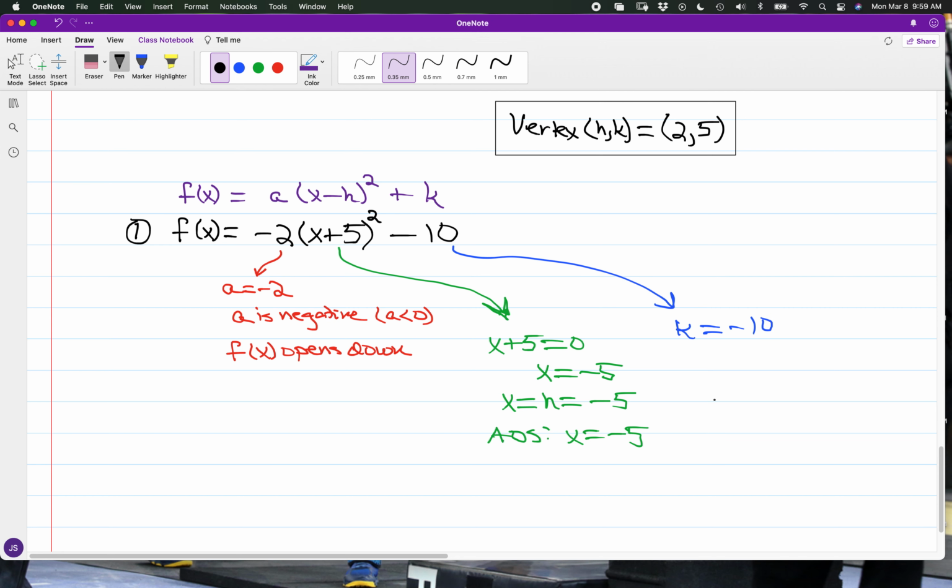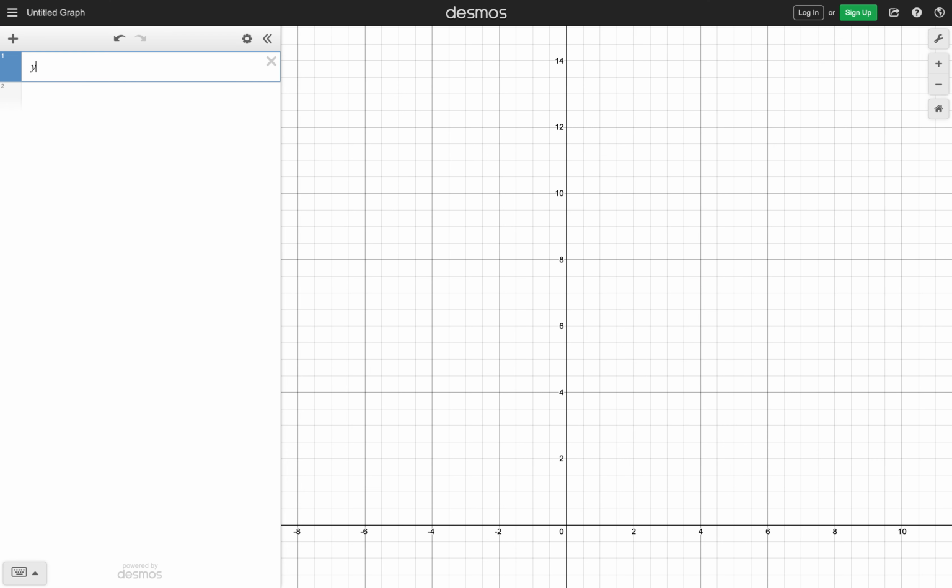And so for the vertex (h, k), that is going to be at (-5, -10). And again, just providing a bit of a visual: you have -2 times the square of x plus 5, then we have -10.